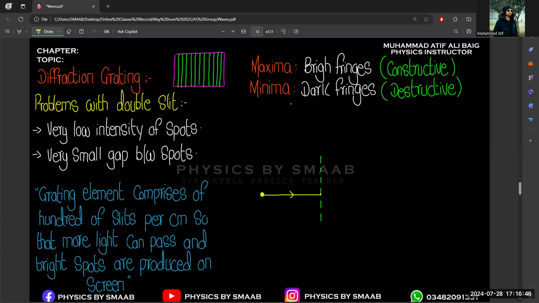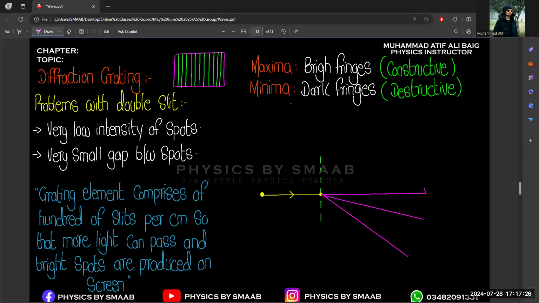Let's suppose this is the center, and from this center line, first of all you will get light in the center. You will get a bright fringe in the center. Then you will get another bright fringe after some distance. Then another bright fringe after some more distance.